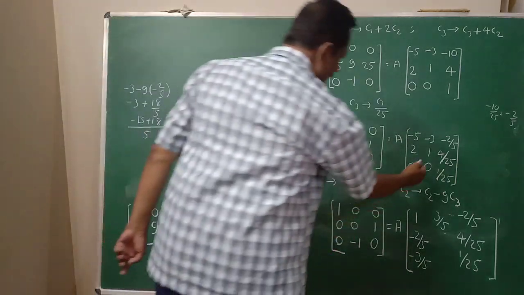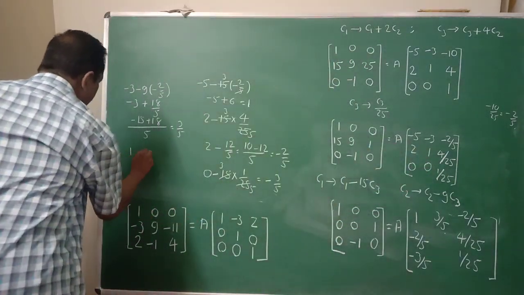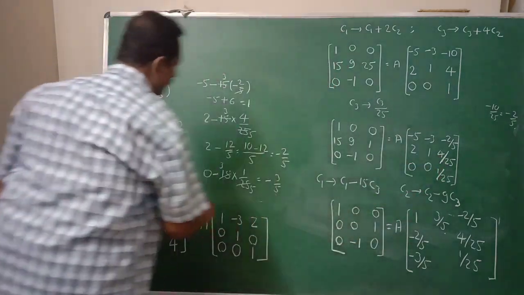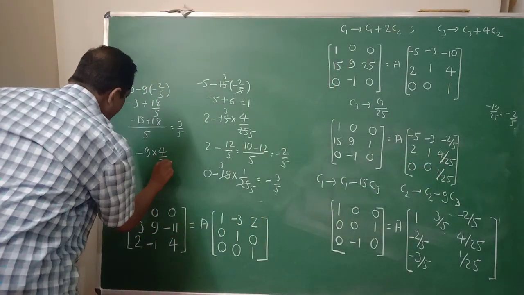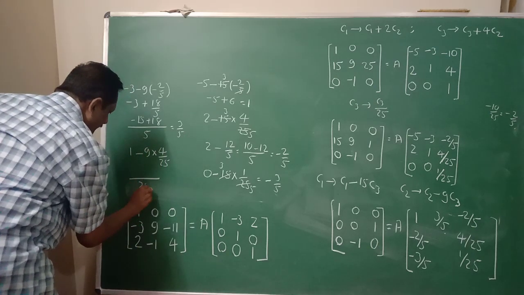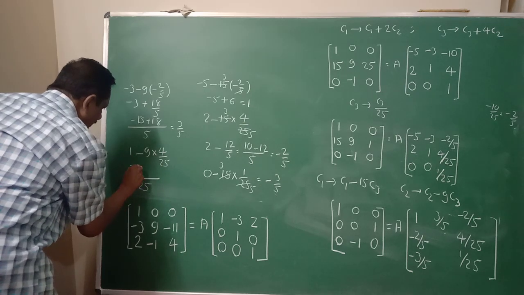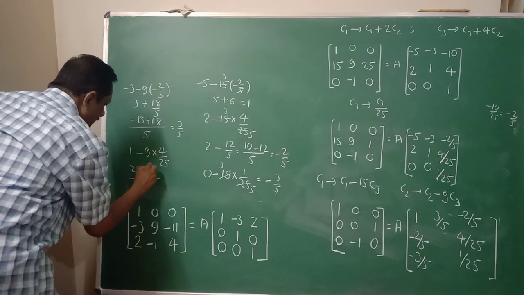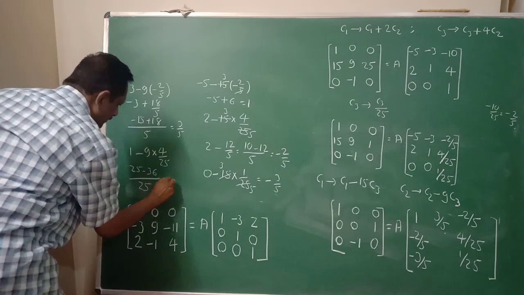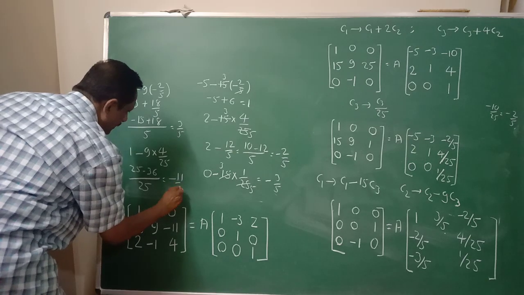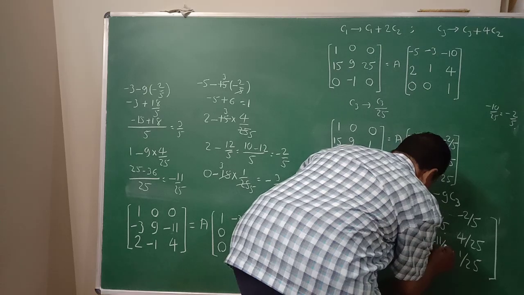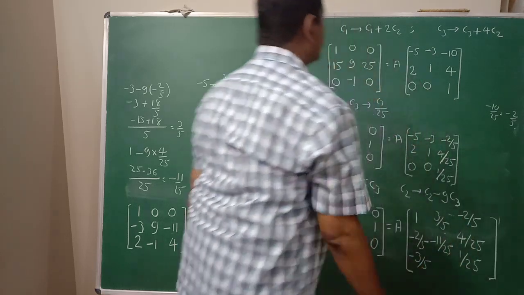Then 1 minus of 1 minus 9 into this element here, 4 by 25, so 4 divided by 25. Then 25 LCM here, so 25 is LCM, 25 ones are 25 minus 9 4s are 36 here, 25 minus 36 minus of 11 by 25, so it is a minus 11 by 25, minus 11 divided by 25.